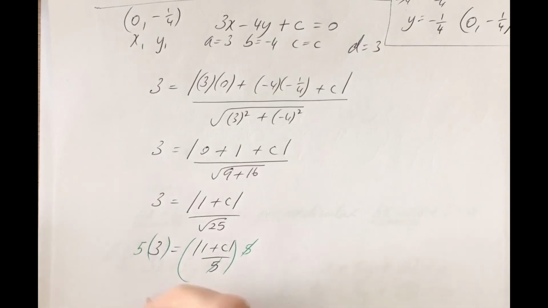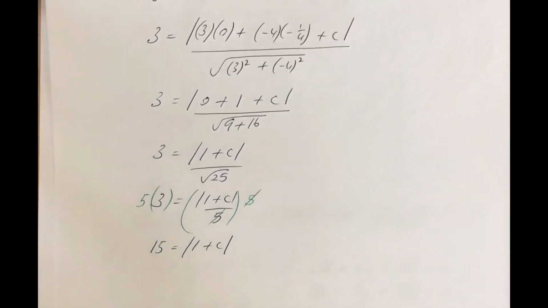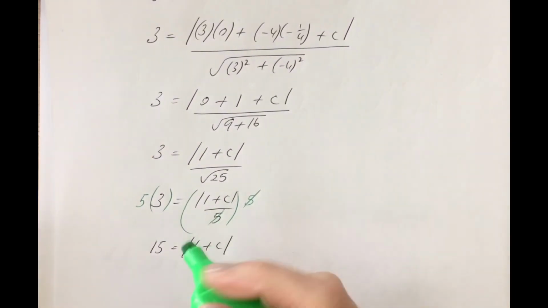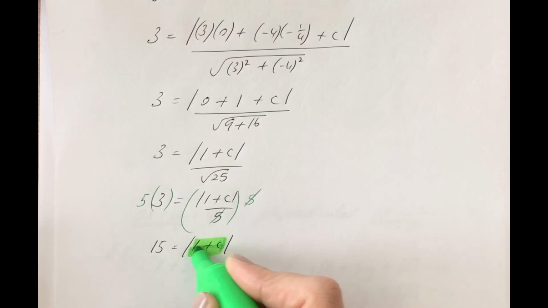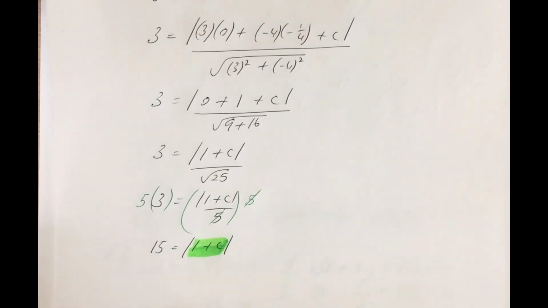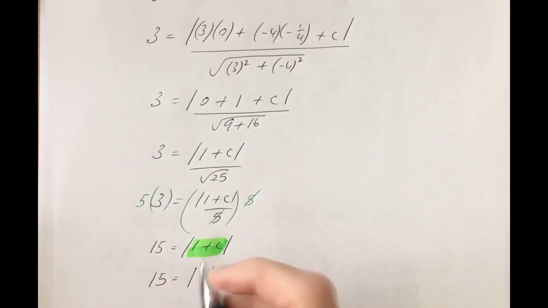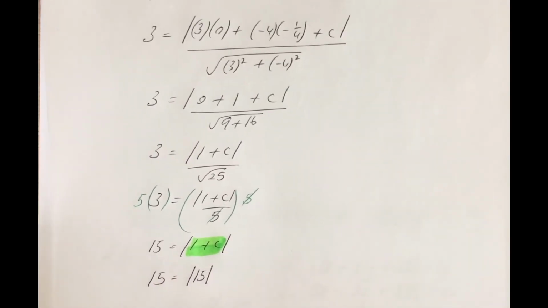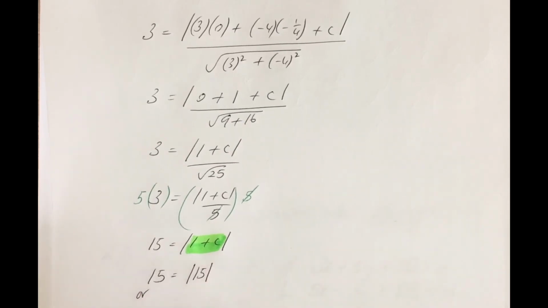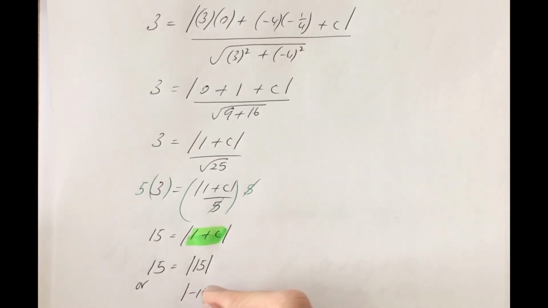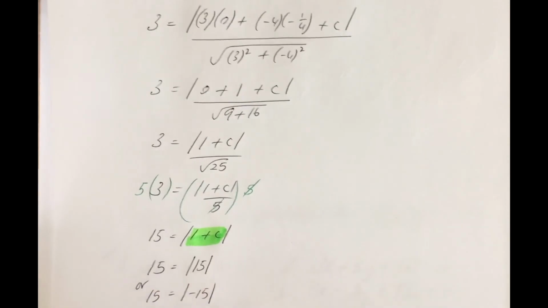That gives you 5 times 3 is 15 is equal to the modulus of 1 plus c. So remember then, as before, what is in the modulus here, the modulus of what would equal 15? Well, obviously the modulus of 15 will equal 15, or the modulus of minus 15 will equal 15.